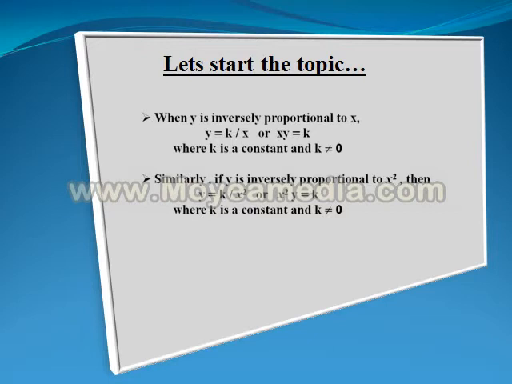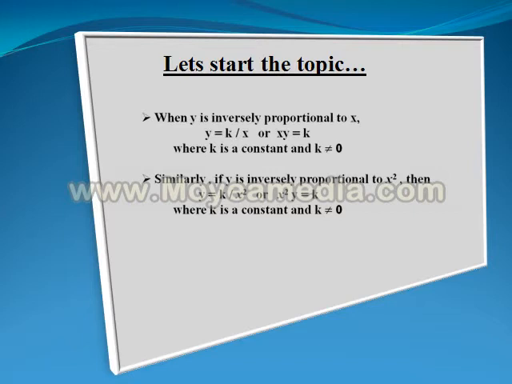Same, k is a constant of proportionality and is not equal to 0. You could see the first relationship, y is equal to k over x, is a kind of linear relationship, and the second one is not a linear relationship.